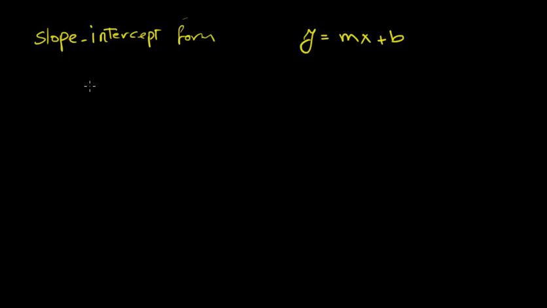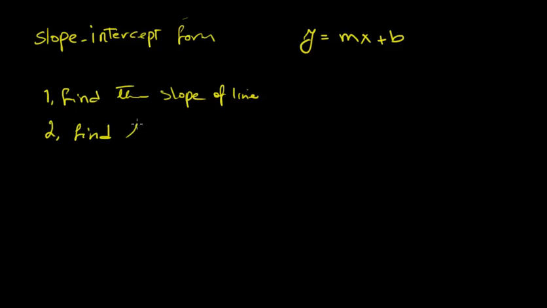To be able to use slope-intercept form, all that you need to be able to do is find the slope of the line, and the second is find the intercept. If you know how to find slope and y-intercept, you should be all set.